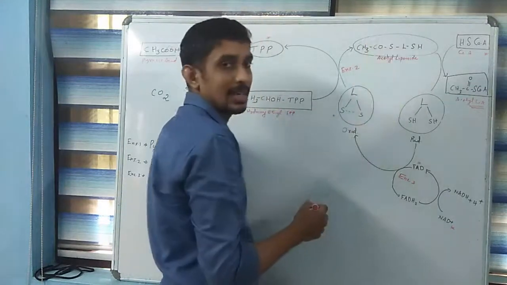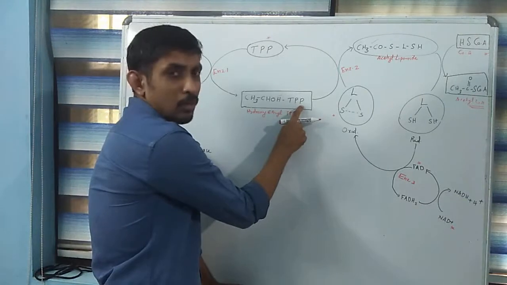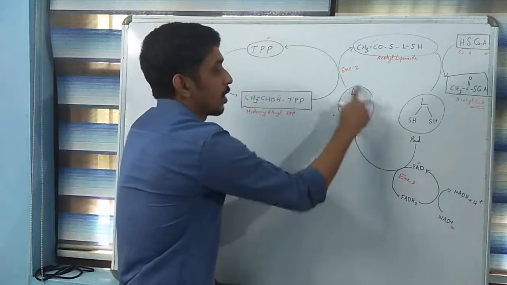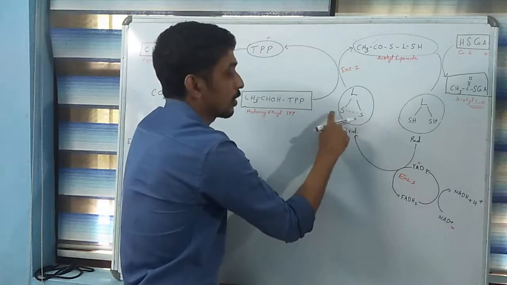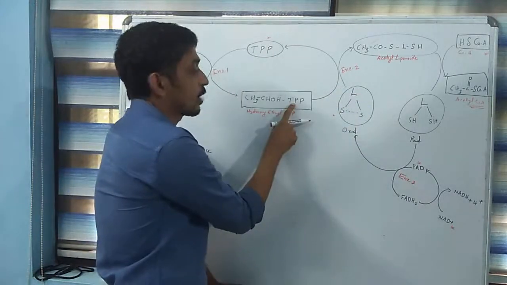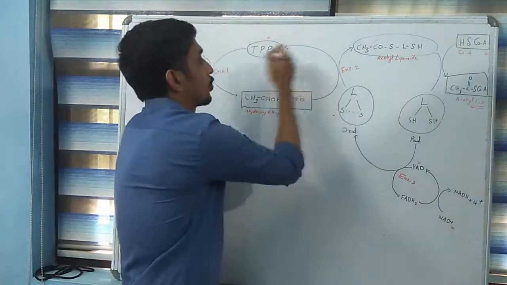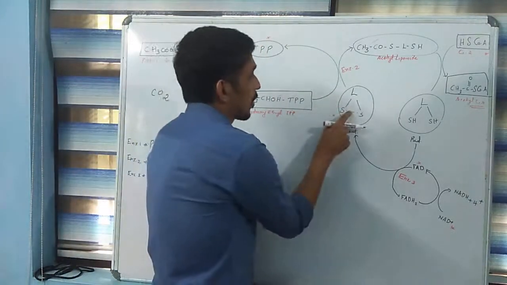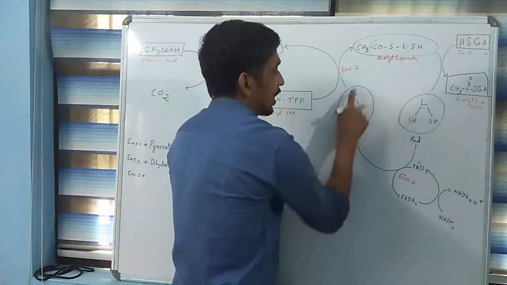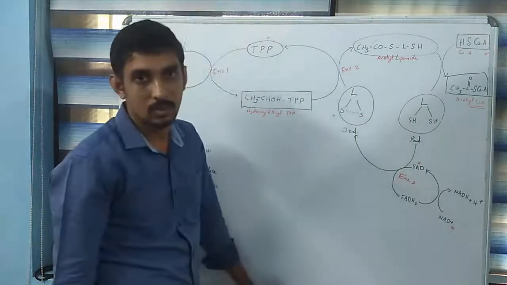You can see CH3CO, acetyl lipoamide. Here the thiamine pyrophosphate gets replaced by this lipoamide, which is in oxidized form. Here you can't see the hydrogen atoms, that is why it is an oxidized state. So we get CH3CO-S-LSH.